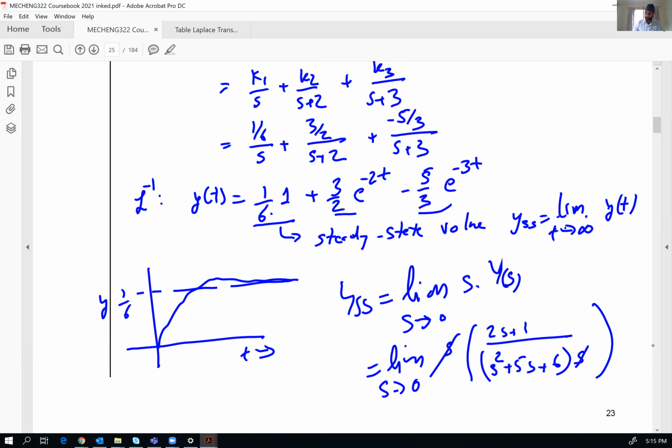One of the s in the denominator cancels with the s in the numerator, and we just end up getting the rest of the term by substituting s equal to 0 as 1 divided by 6.